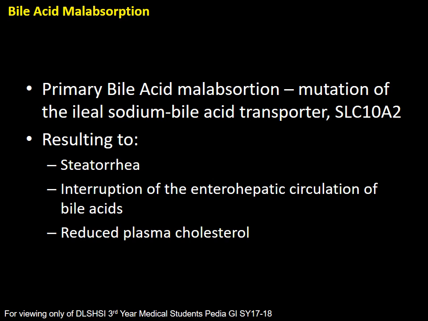In primary bile acid malabsorption, there is a mutation at the ileal sodium bile acid transporter SLC10A2 that results in steatorrhea, interruption of your enterohepatic circulation of bile acids, and reduced plasma cholesterol.